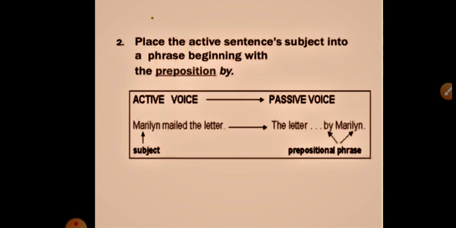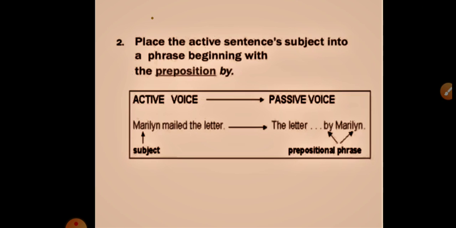Now let's move to the second rule. Place the active sentence subject into a phrase beginning with the preposition by. Here we'll start our passive voice sentence with the letter, then the prepositional phrase.